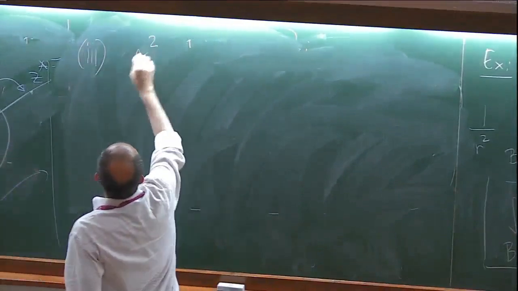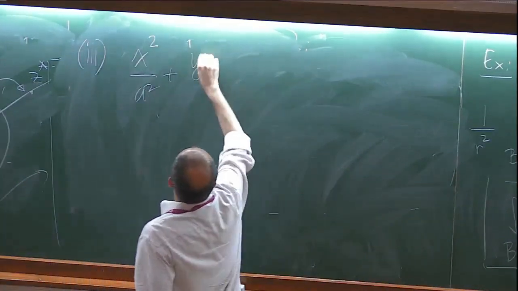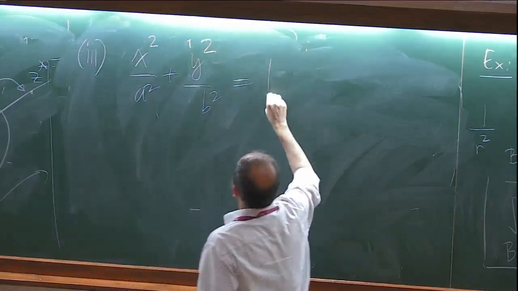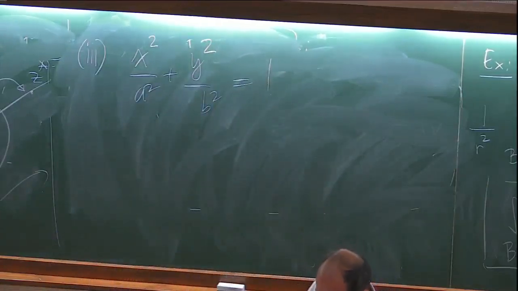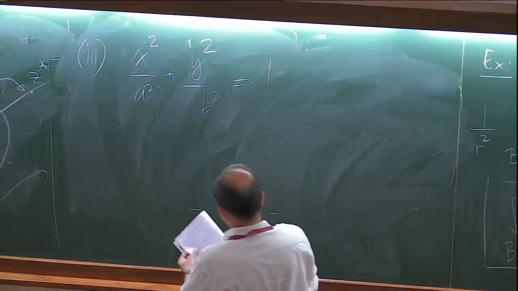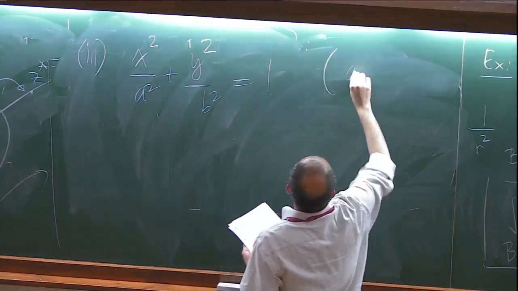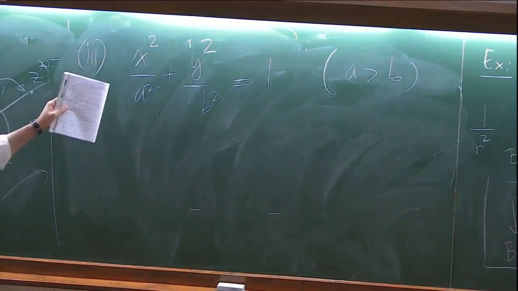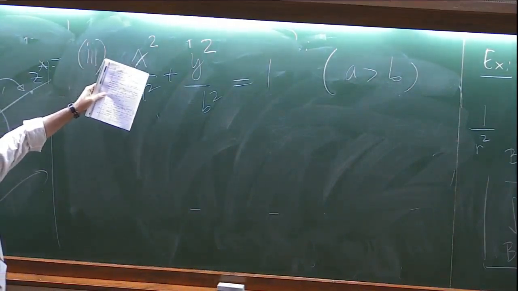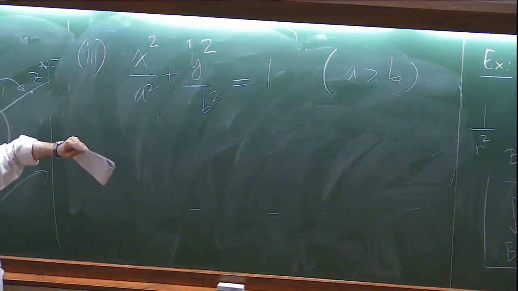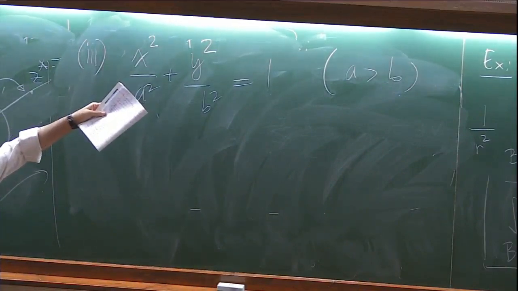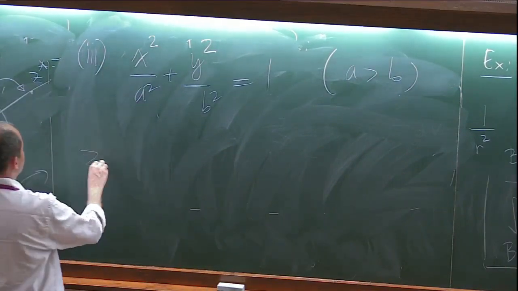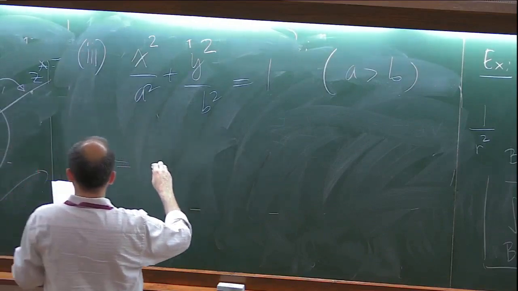Let's take an ellipse, and let's assume that a is bigger than b. So again, write x in terms of z and z bar, y in terms of z and z bar, and solve for z bar in terms of z. So if you do that, you will get the following expression.